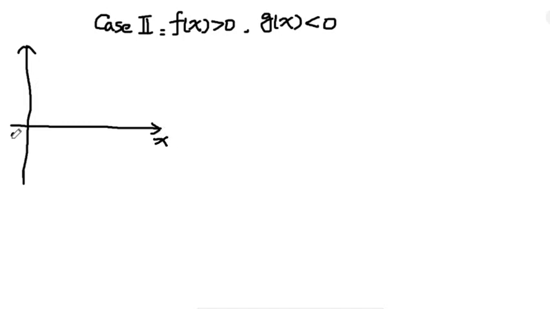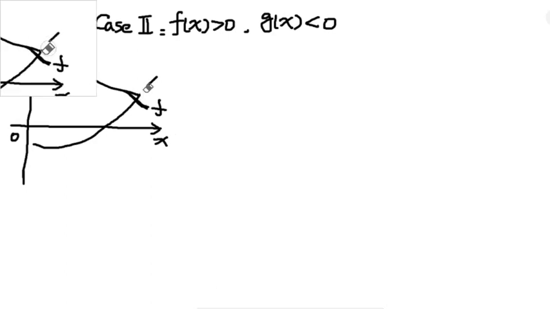So let's form the coordinate x, o, y, and let's draw the curve. F, and this is G. So this part is my F, and let me show G is always negative.